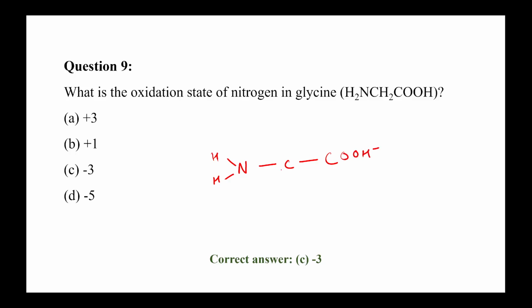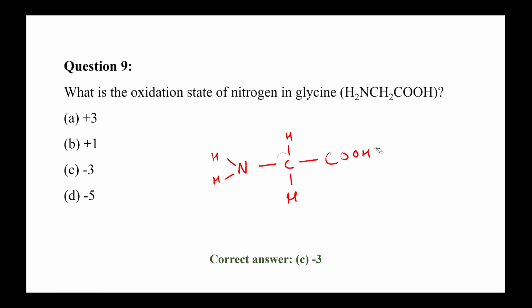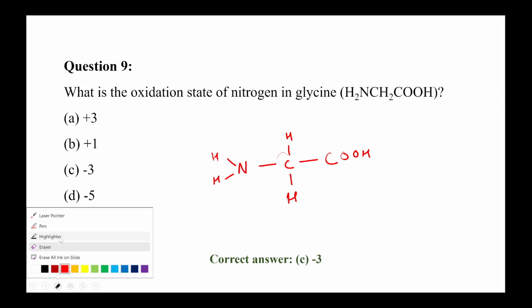The carbon has a carboxylic group attached, an amino group attached, and since it's glycine, the side chain is also H, so you have NH2, CH2, COH. This minus won't be there. Sorry.